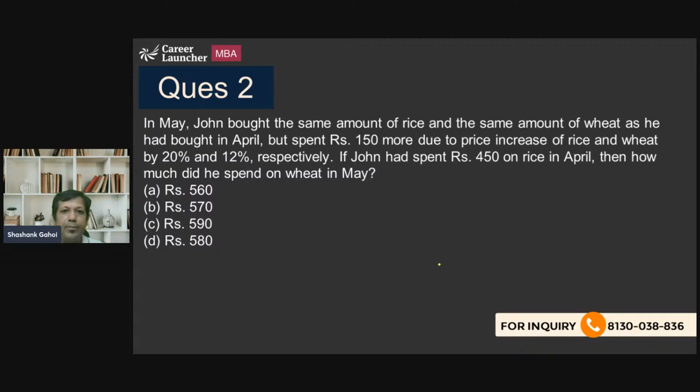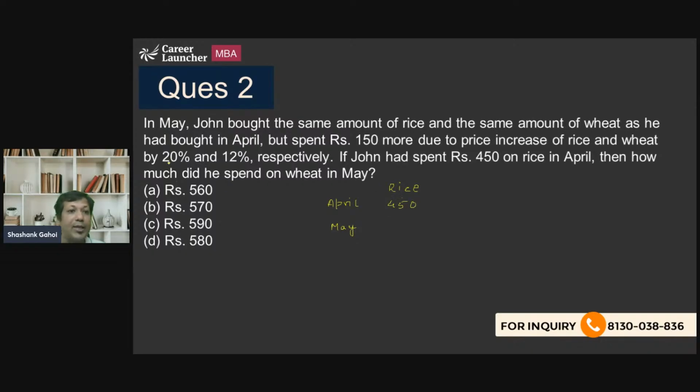Now, in April, John is spending on rice, and this is April and this is May. On rice, he is spending 450.